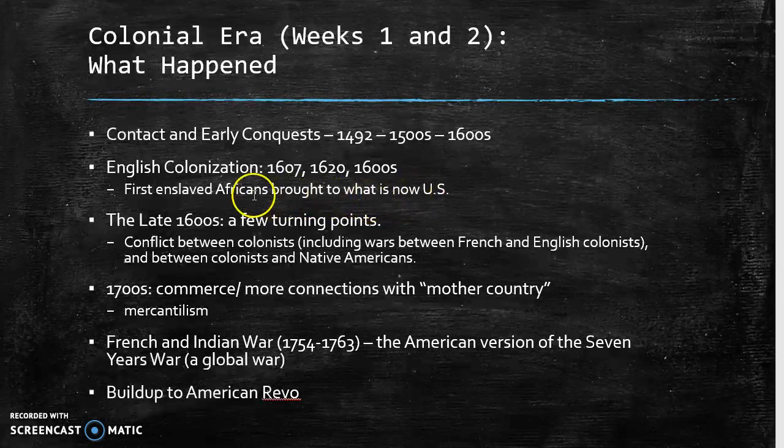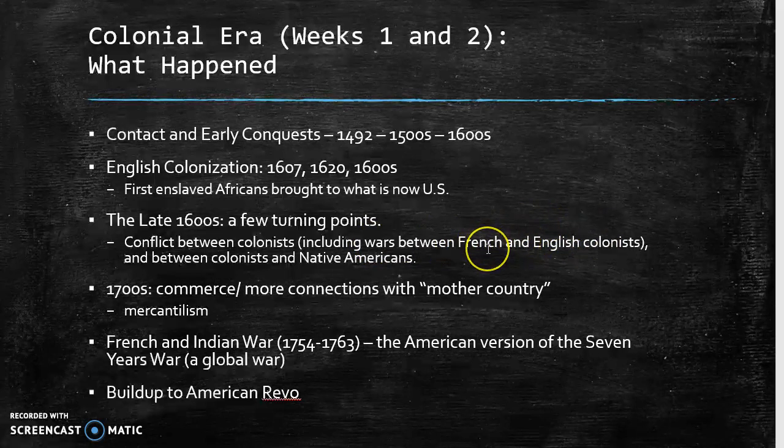Then in the late 1600s, we start to see some turning points. Zinn is talking about this in chapters 2 and 3. There was a lot of conflict between colonists, including complicated imperial wars between French and English colonists.